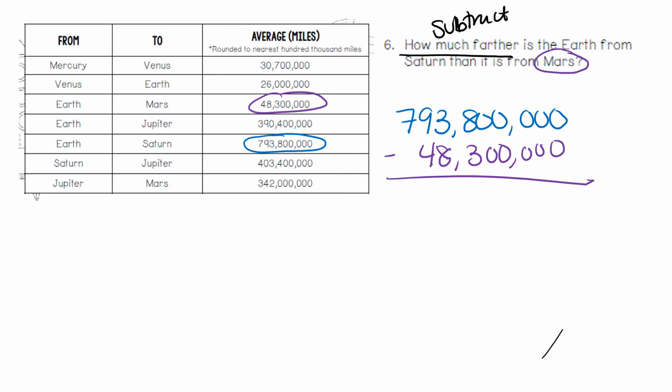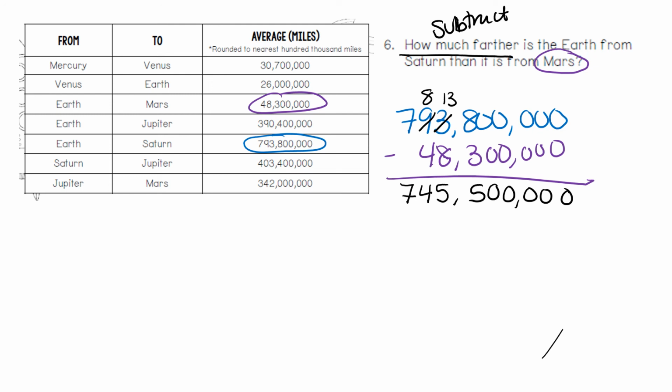When we subtract our numbers, our zeros can come straight down. 8 minus 3 is going to give us 5. We cannot do 3 minus 8. We're going to have to borrow. So 9 becomes an 8 and 3 becomes a 13. 13 minus 8 is going to get us 5. 8 minus 4 is 4. And the 7 can come straight down. 745,500,000.